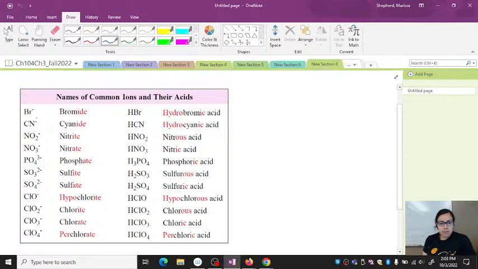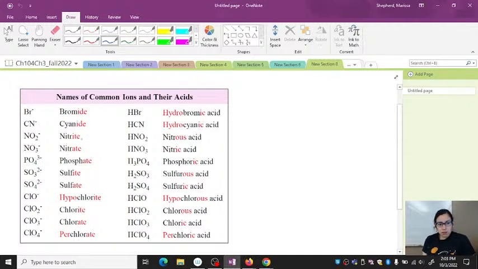And then we also have acids with our polyatomics. So cyanide becomes hydrocyanic acid, changing the "ide" to "ic." And then with these other ones, you have nitrite and nitrate.